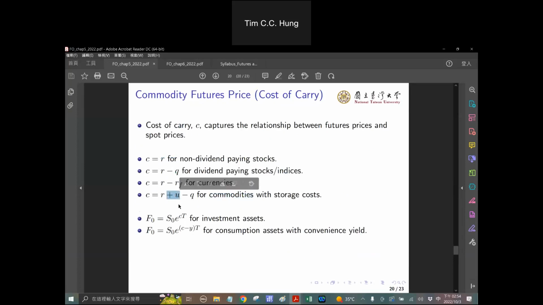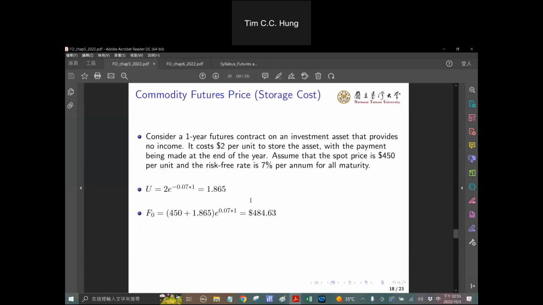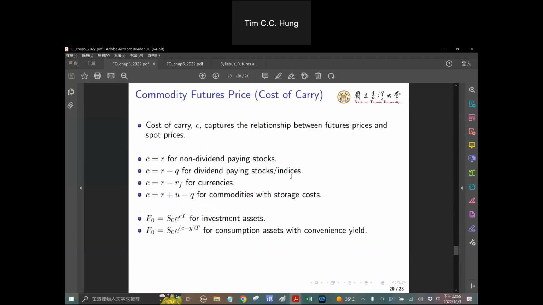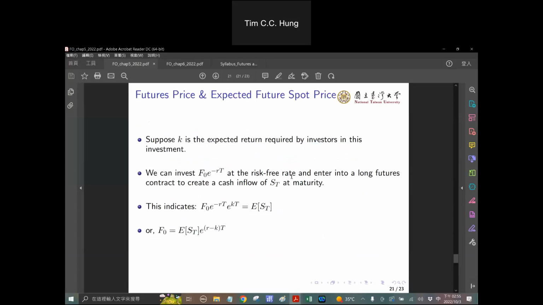If you have some benefits of owning it, then there's a minus Q over here. So basically, you can think of this slide as a different version of the previous slide, summarizing every benefit or cost we are considering when pricing futures for any kind of underlying assets. Okay, almost there.